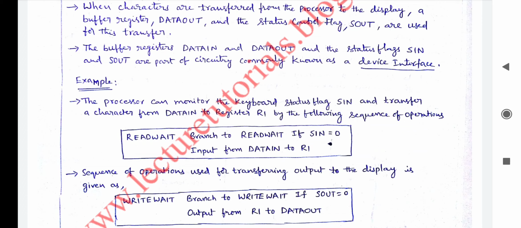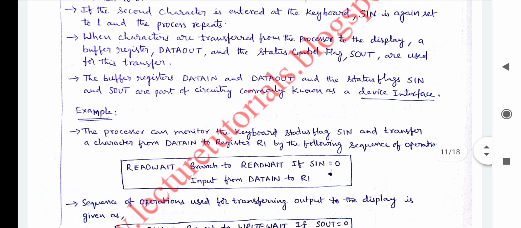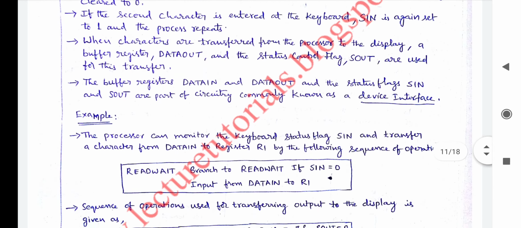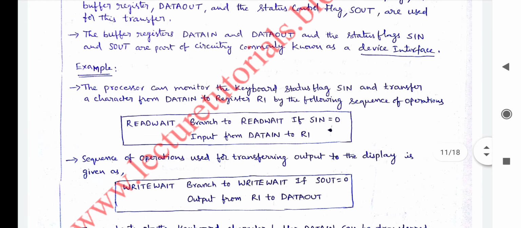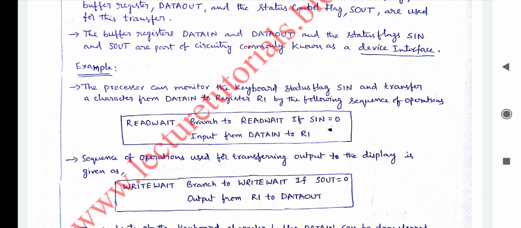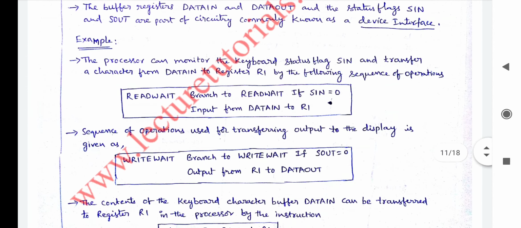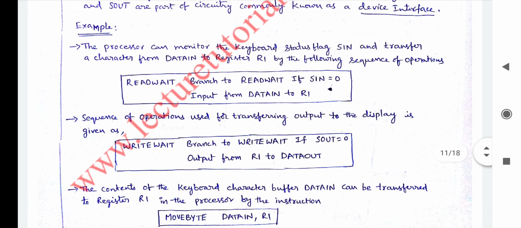The buffer registers data in and data out, and the status flags S in and S out, are part of circuitry commonly known as the device interface.